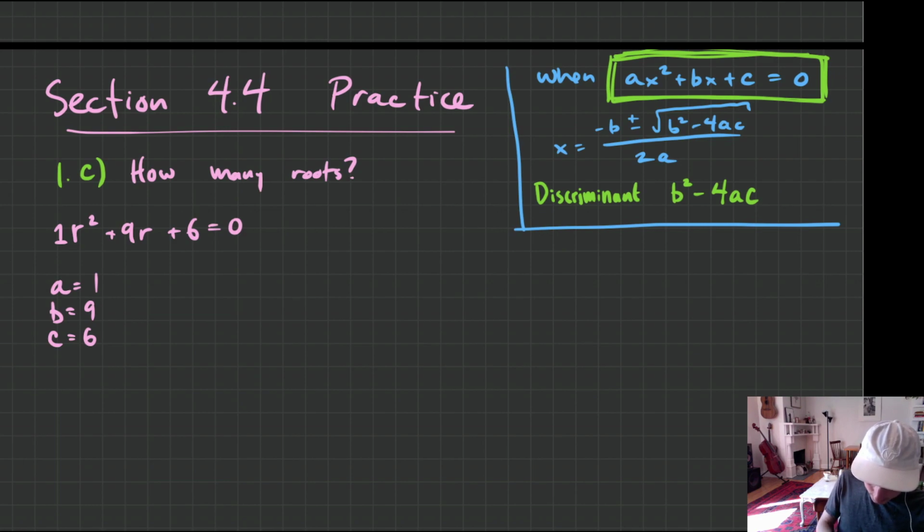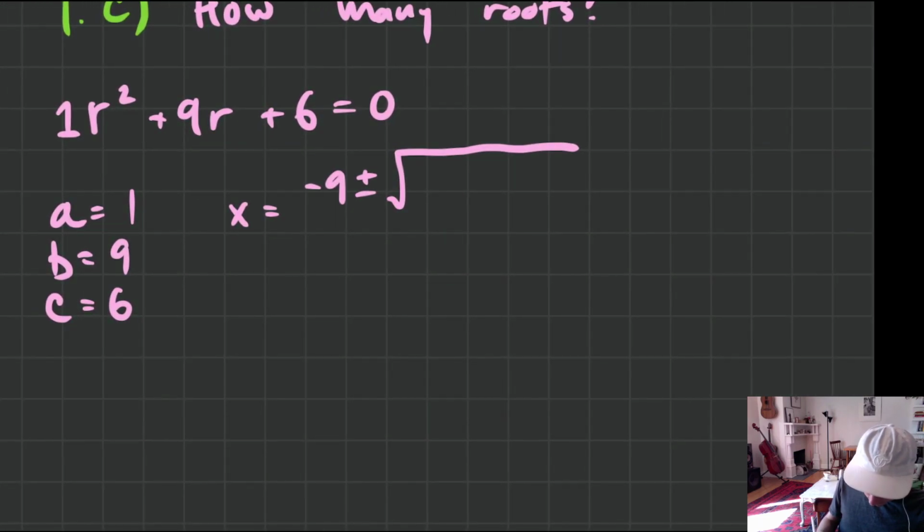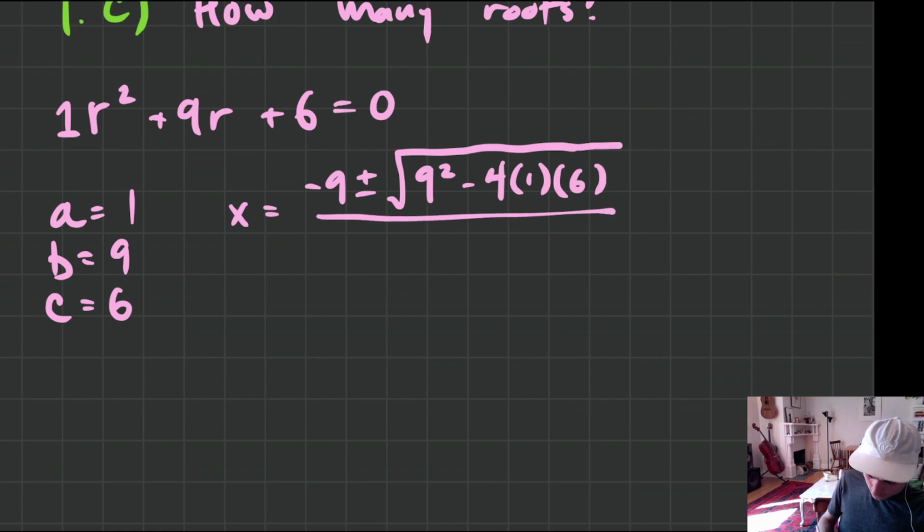So the quadratic formula says that x is equal to negative b, and b is 9, so negative 9, plus or minus the square root of b squared, so 9 squared, minus 4 times a, which is 1, times c, which is 6, all over 2 times a, which is 1.